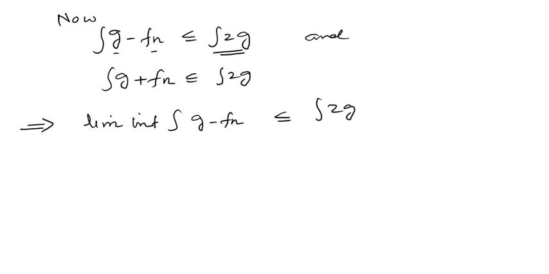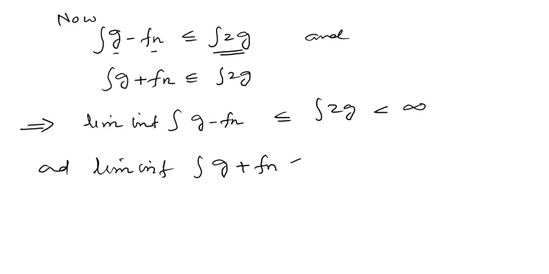And the limit inferior of the integral of g plus fn is also less than or equal to the integral of 2g, which is again finite because 2g is an integrable function.